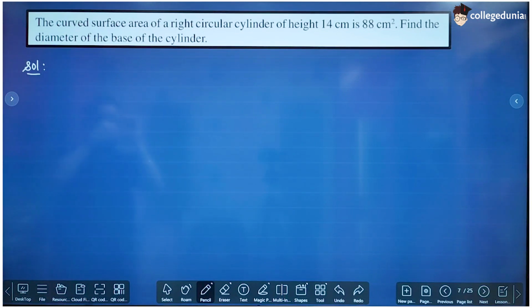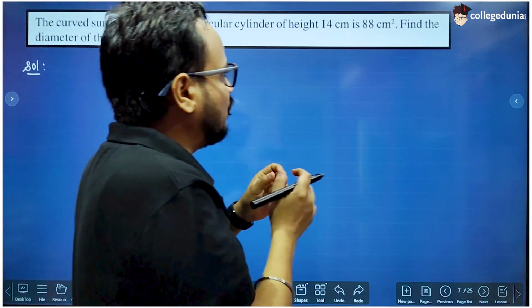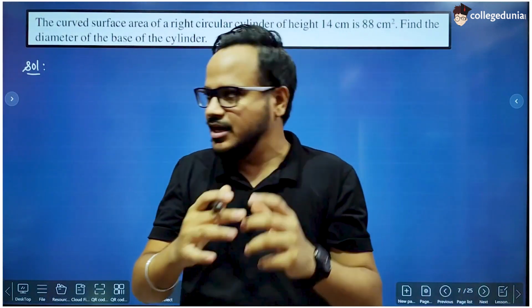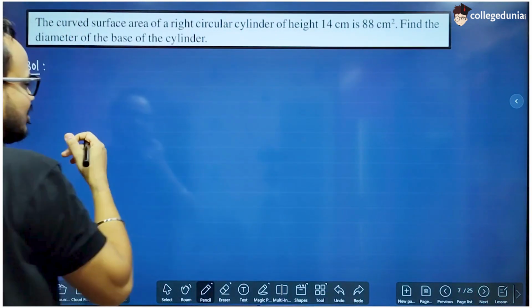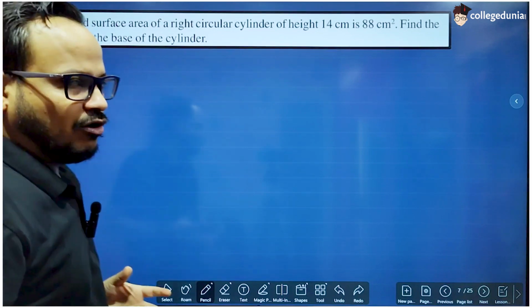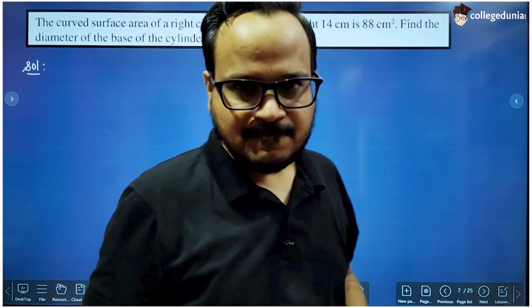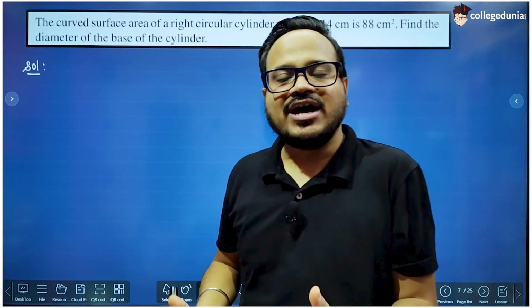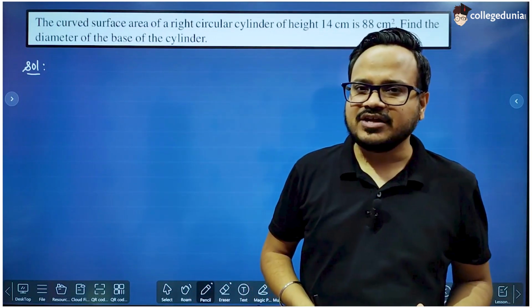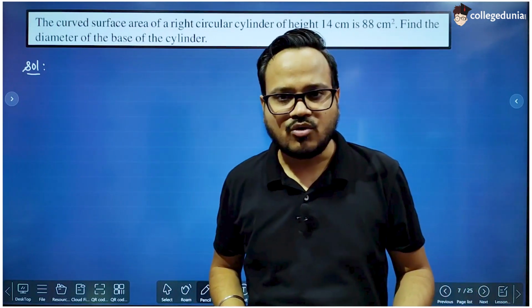The curved surface area of a right circular cylinder of height 14 centimeter is 88 centimeter square. What is the value of pi? Value of pi is 22 by 7. We will take the value as 22 by 7 if the value is not given in the question.